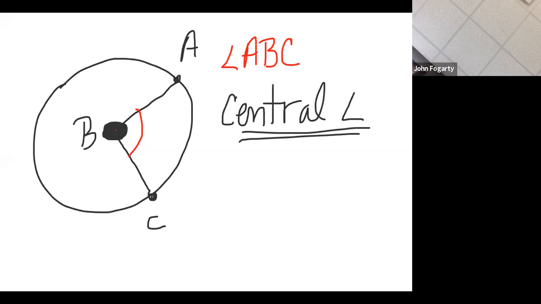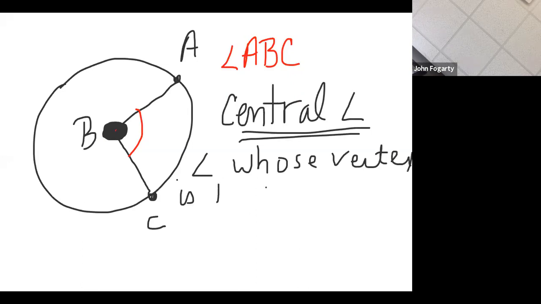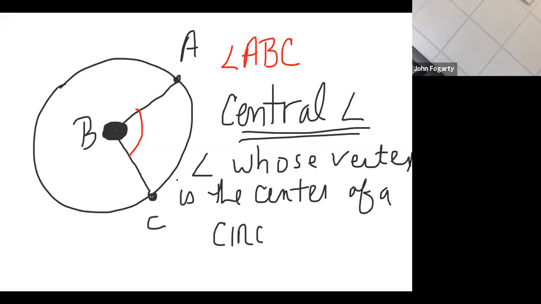A central angle is any angle whose vertex is the center of a circle. So what's the vertex of angle ABC?